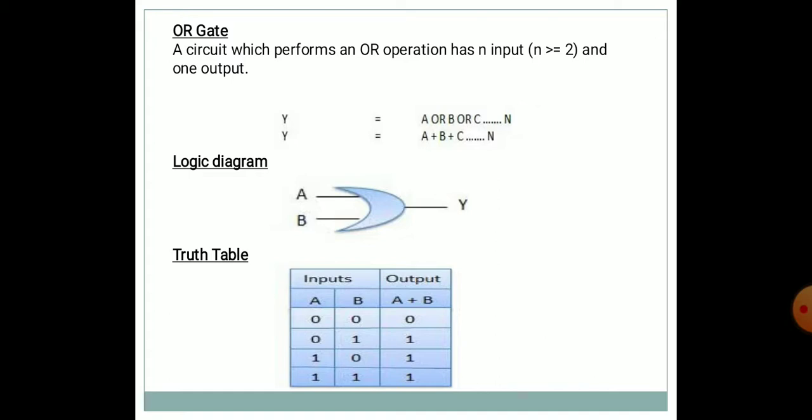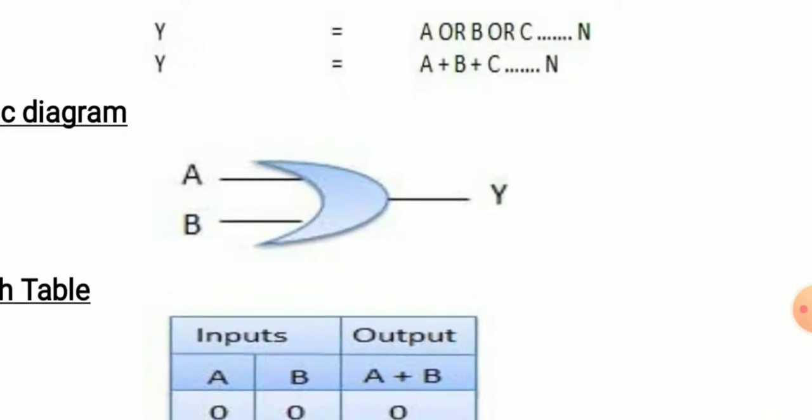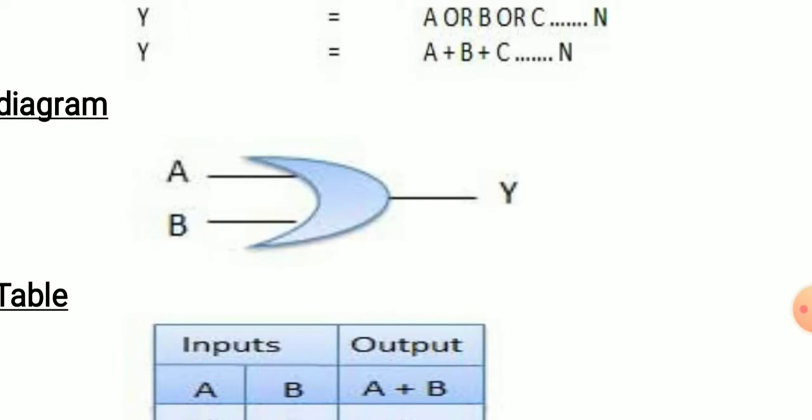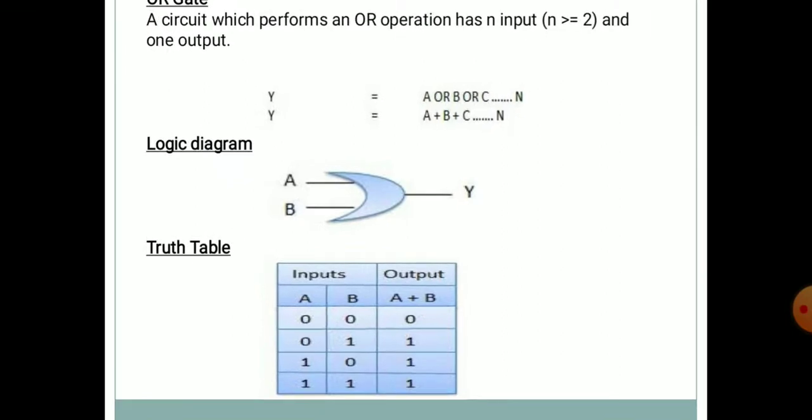As seen in this logic diagram, we have two input values A and B, and the output is Y. In some cases we may use more than two input values, but in all cases the output will be a single one.